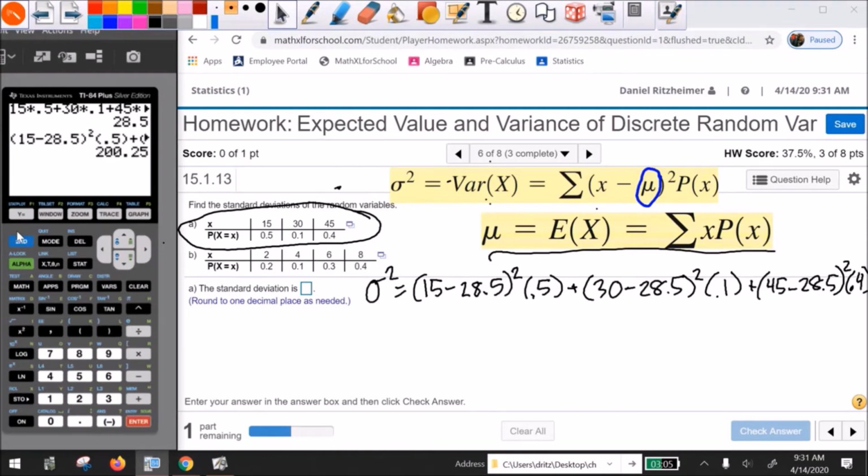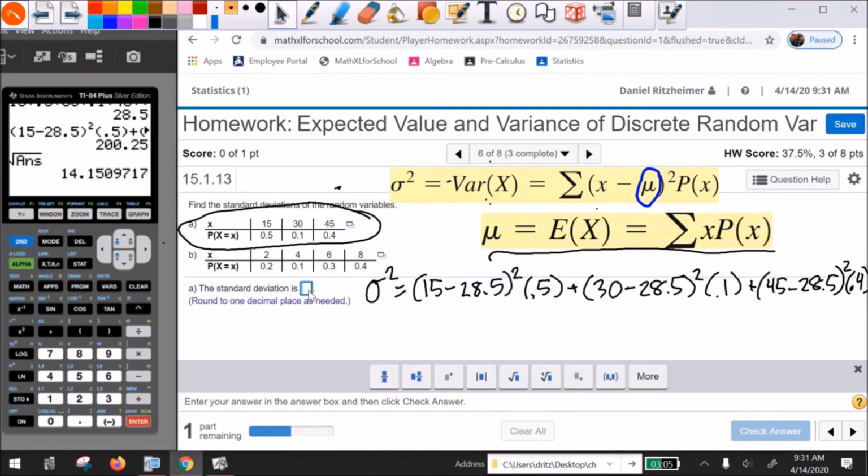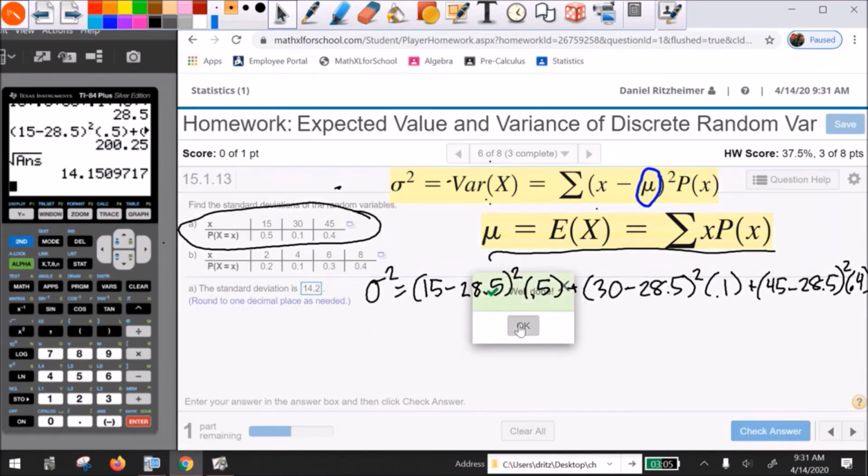Again, that's not the standard deviation, that's the variance. We have to take the square root in order to get the standard deviation. 14.15, they want us to round it to one decimal place. 14.2, let's try that. Alright, well done.